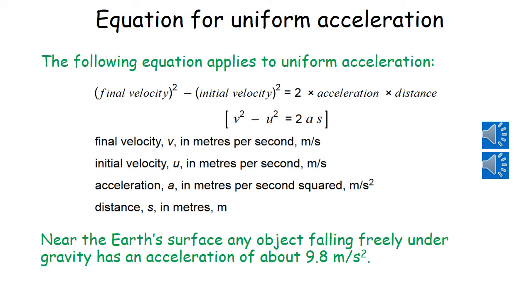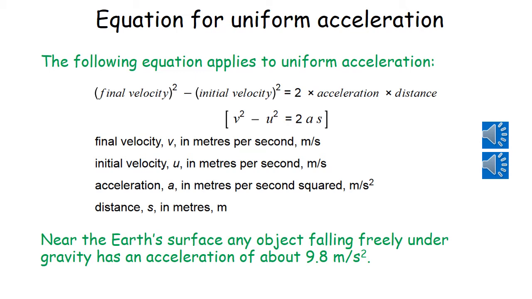It is very easy here to get confused with the symbols and the units used. In physics, the unit for distance is the meter, but the symbol used in equations is a lowercase s.